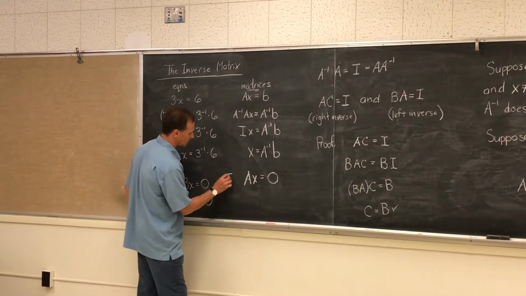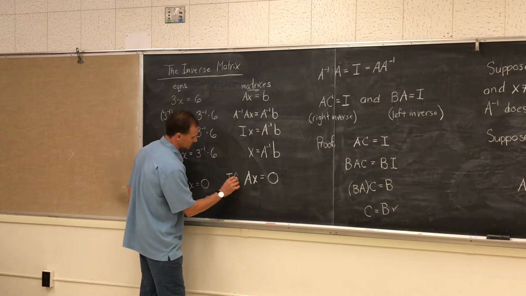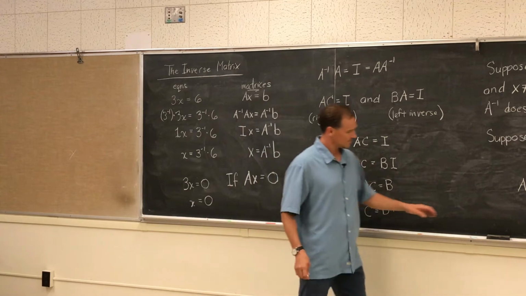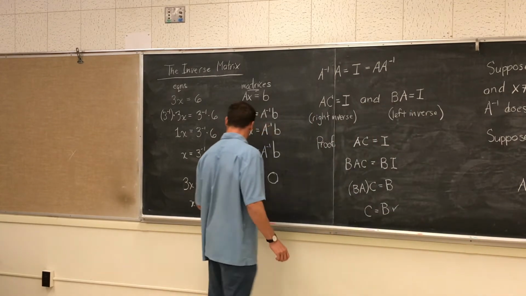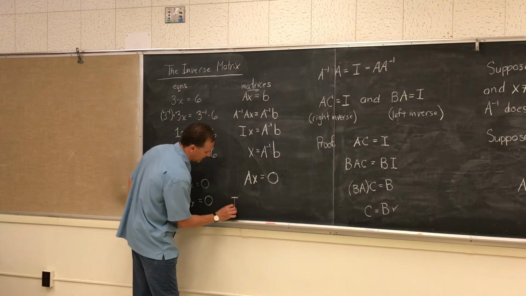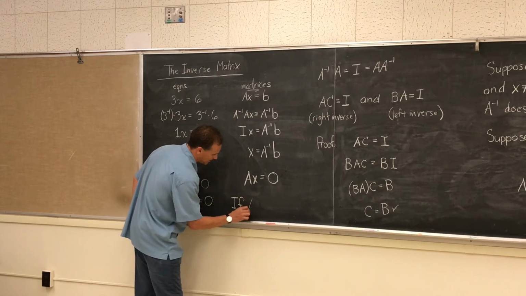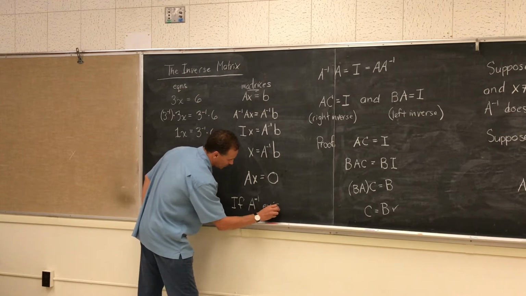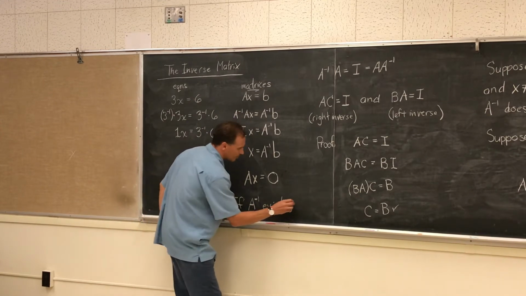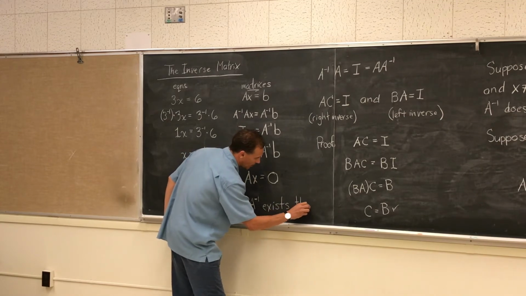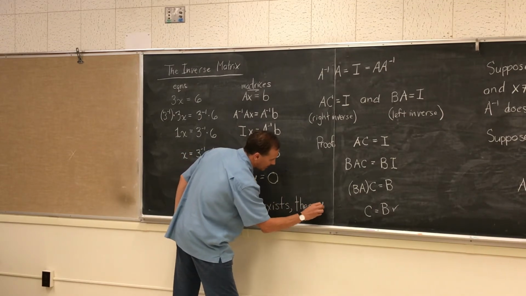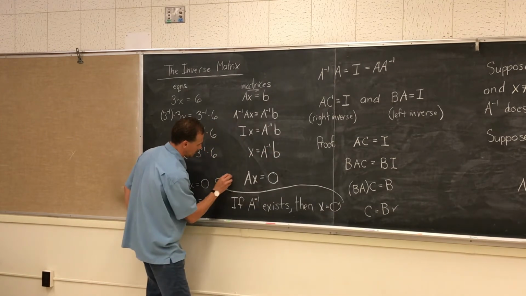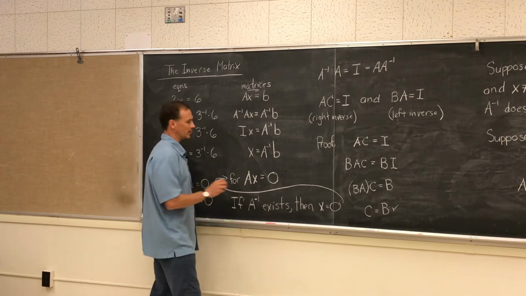If A, oops, let me correct that. The contrapositive of that is if A inverse exists, then X equals 0 for AX equals 0.